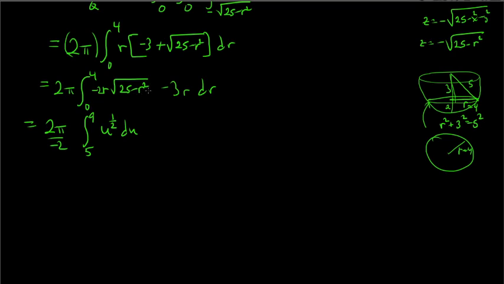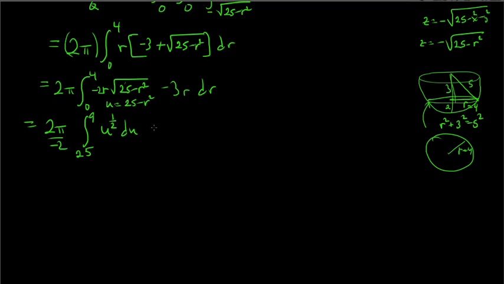If u is 25 minus r squared, when r is 0, yeah, that's 5. And when r is, oh, it's 25, right? r does not include this u here, right? u is 25 minus r squared. There we go. When r is 0, u is 25. When r is 4, u is 9.